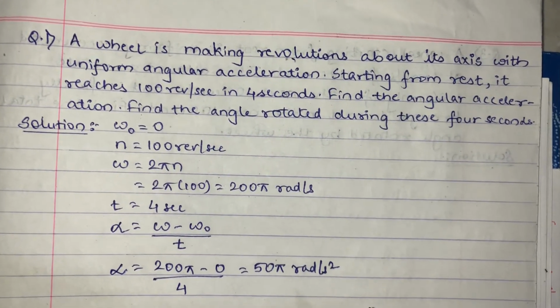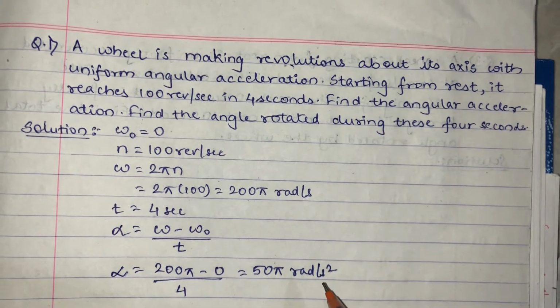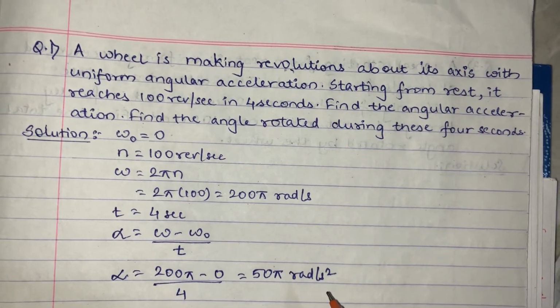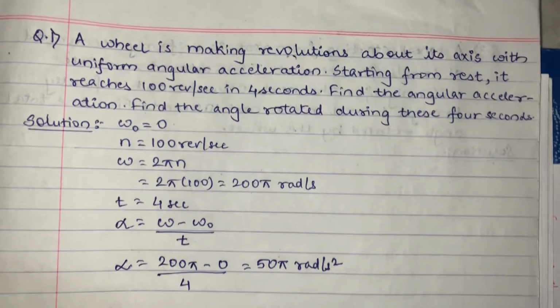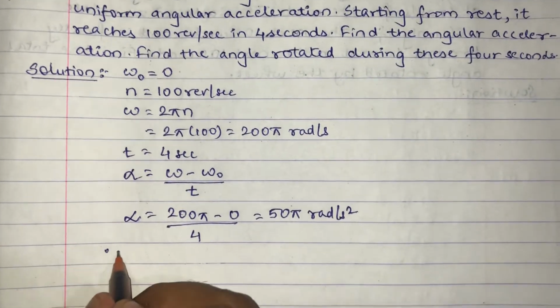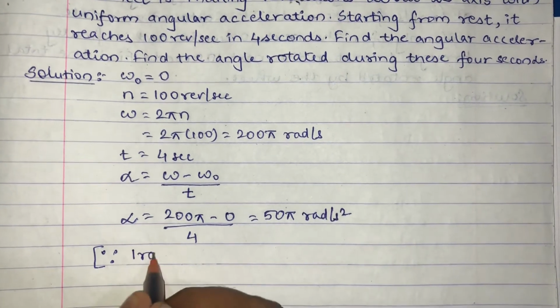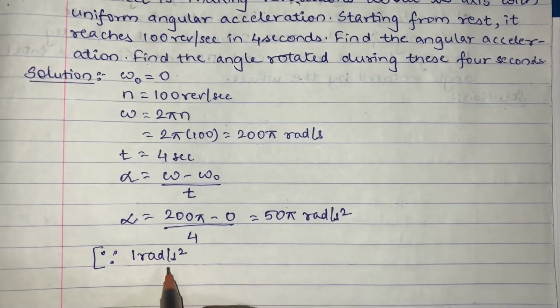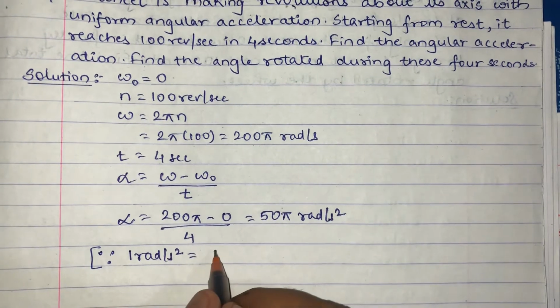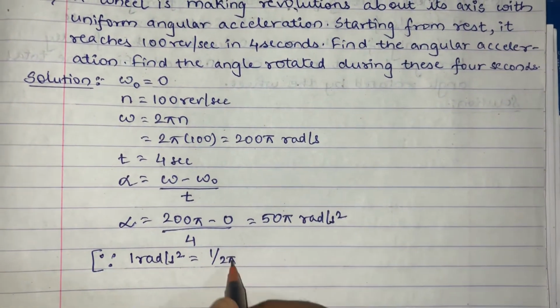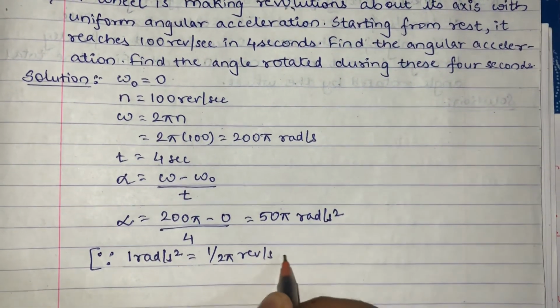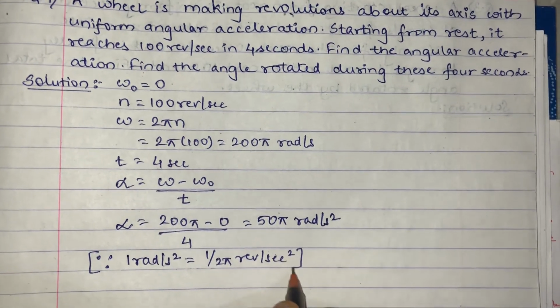Now in this, if I need the value in terms of revolution per second square, then there is an option that 1 radian per second square is equivalent to 1 by 2 pi times revolution per second square.